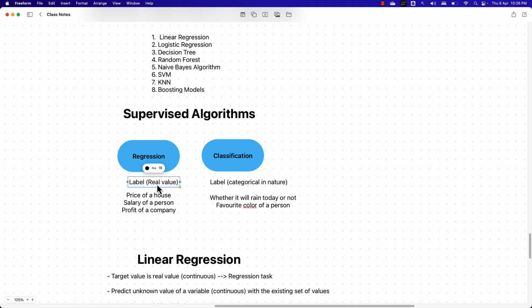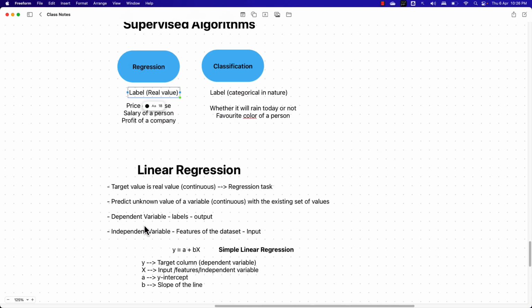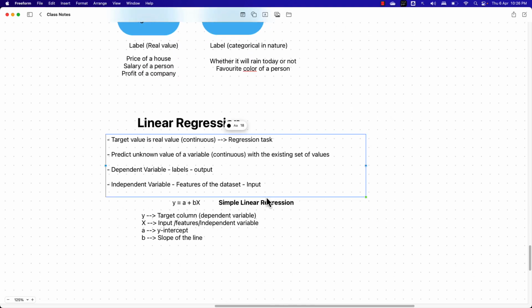And that is what a regression task is. So, this linear regression model is what we use to perform the task of regression, where we are trying to predict the unknown value of a variable which is continuous in nature. Now, I want to predict this relationship between my input and the output, where the output is continuous in nature.